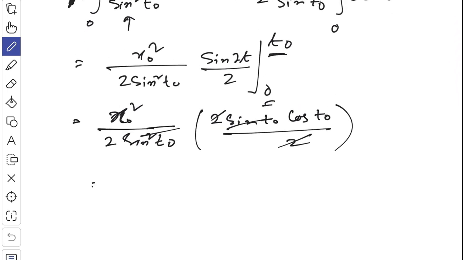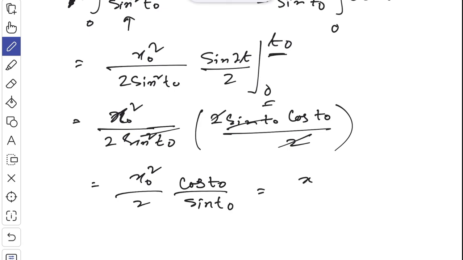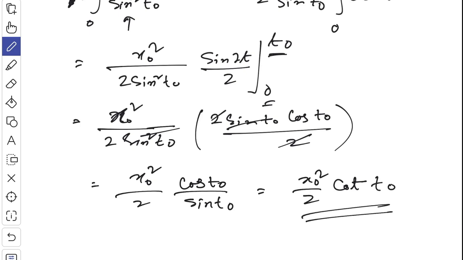So we have got x naught square by 2 cos t naught by sine t naught, and that gives x naught square by 2 into cot t naught. So this is our answer.